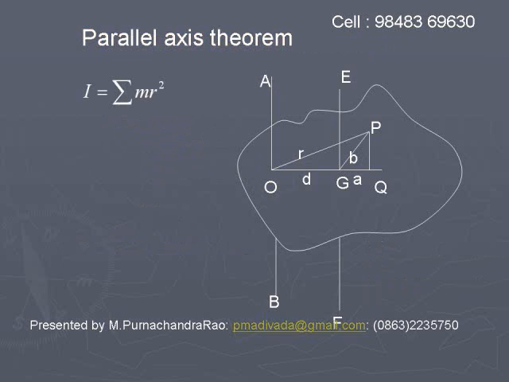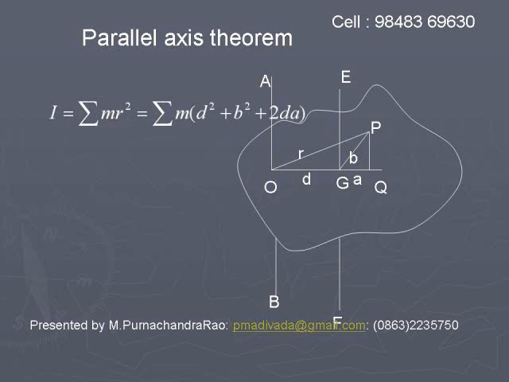The moment of inertia about the axis AB, I is equal to sigma mr square, that is equal to sigma m into d square plus b square plus 2da. Sigma md square plus mb square plus 2mda.